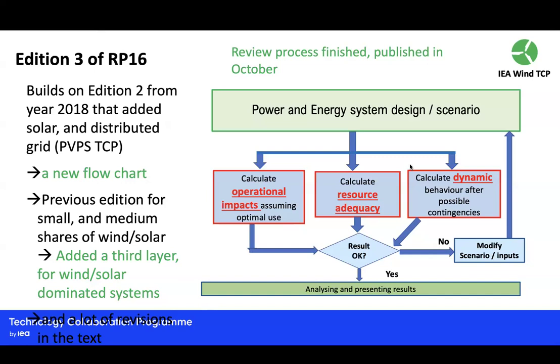Then you check: is your scenario feasible, or do you need to modify something about your inputs or your assumptions, or generally about the scenario? Whether you need to add more transmission capacity, more storage, more generation, more flexibility. So you need this iterative idea, and then you have a scenario that is okay with the feasibility checks, and then you analyze and present your results.